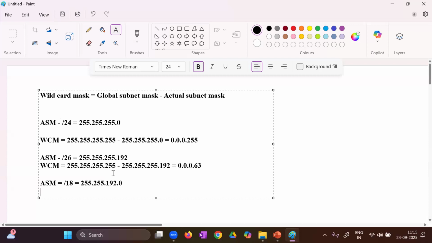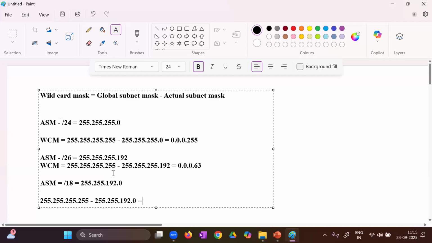Now if we calculate 255.255.255.255 minus 255.255.192.0, what value will we get? 0.0.63.255. So what we are doing here is taking any subnet mask and subtracting it from the global subnet mask, and we get these values.